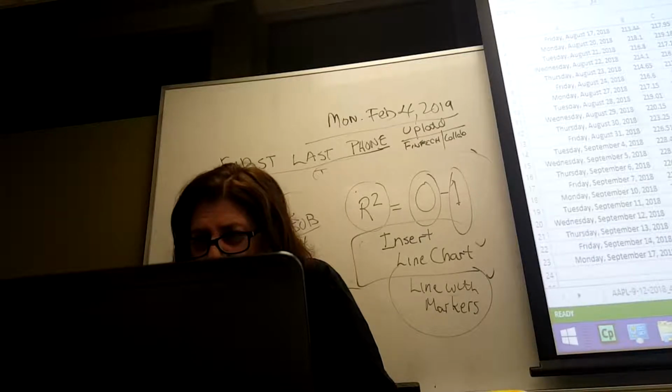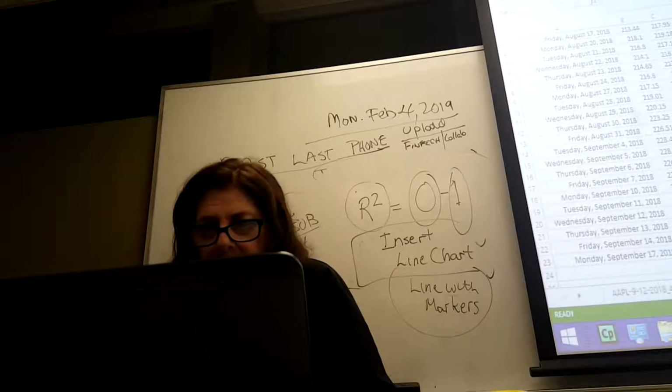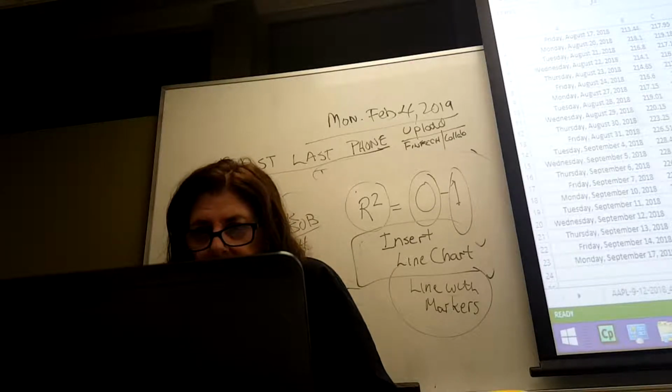And I want to display, put in your notes here, I want to display the equation on the chart. And I want to display the R squared on my chart. So at this point, it's blue.